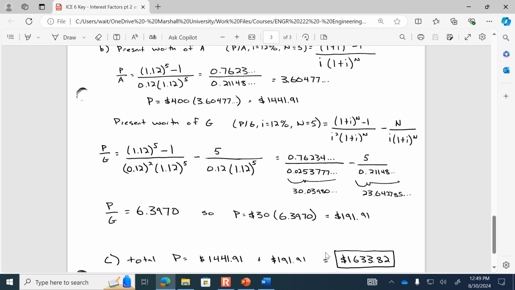Where's the gradient? G is 100. But when does the gradient actually start? Like where, if you find P given G, where would that lump sum be? It would be at year 6 because it's 0G, 1G, 2G, 3G. So this is our new quasi-present.